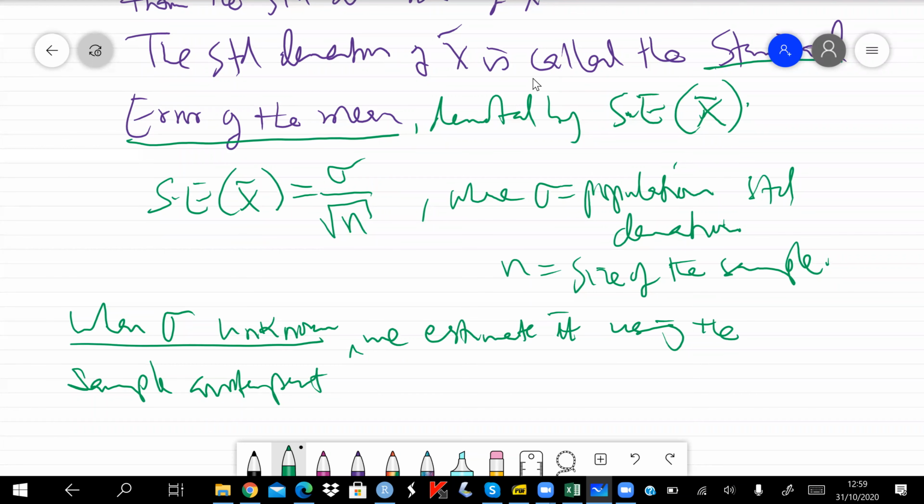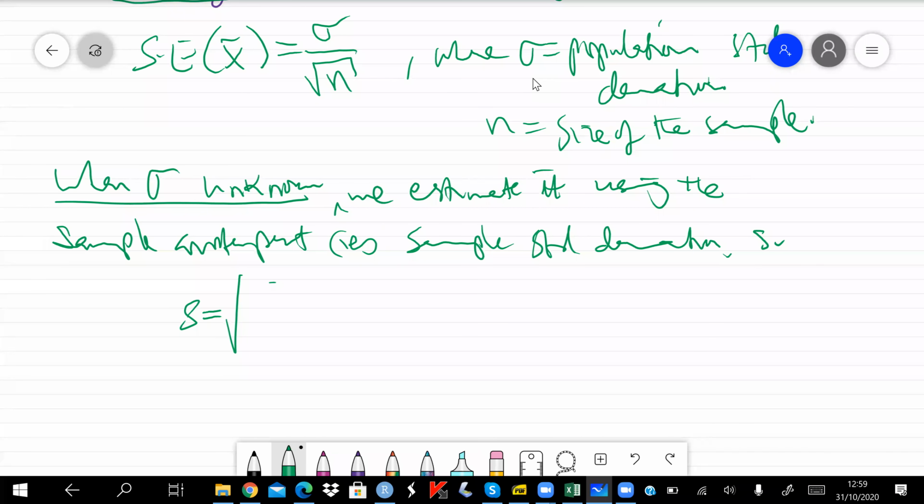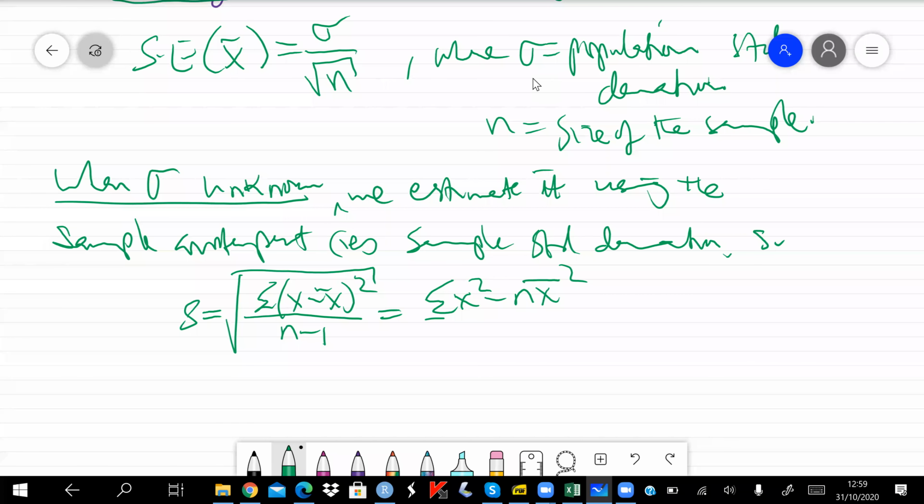We estimate the population standard deviation using the sample standard deviation, which is denoted by S. And we know how to get S. S is always given by the square root of summation of X minus X bar squared divided by n minus 1, which sometimes you can rewrite in this format: summation of X squared minus n X bar squared divided by n minus 1, then you take the square root.